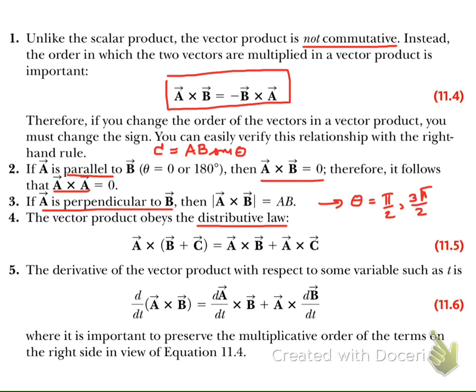And when we do the derivative of the cross product, okay, we have to maintain the order, or to preserve the order of the product. For example, we have d by dt of A cross B is equal to d by dt of A cross B plus A cross d by dt of B. Okay.